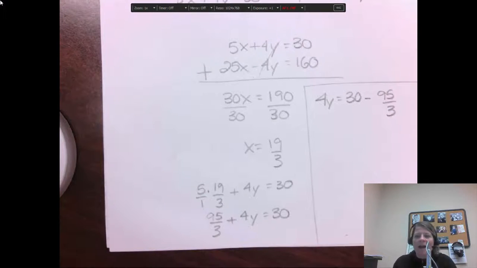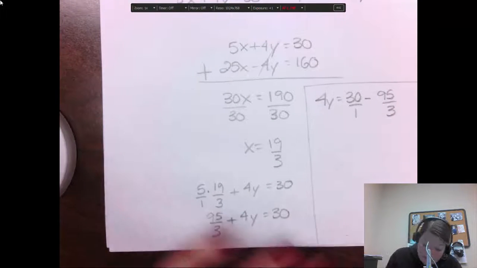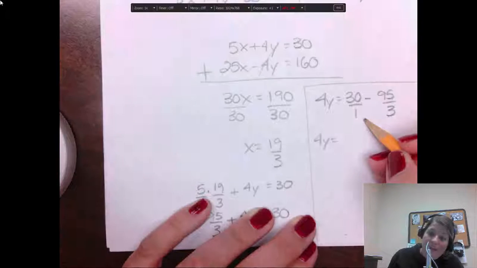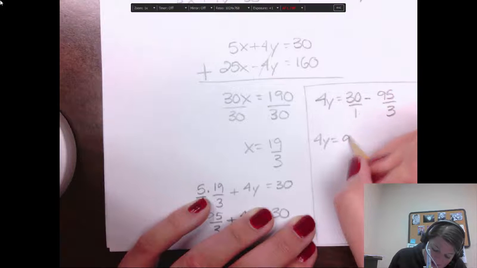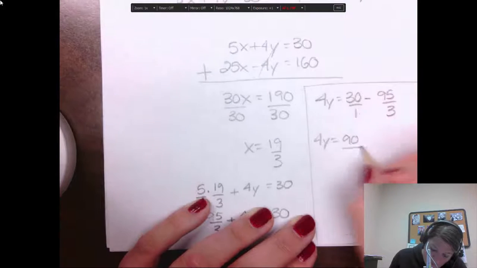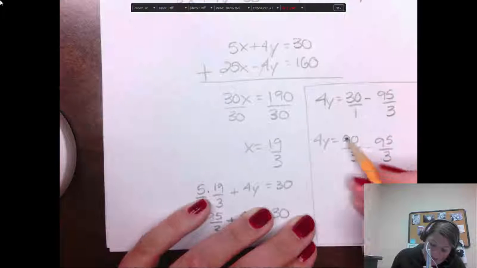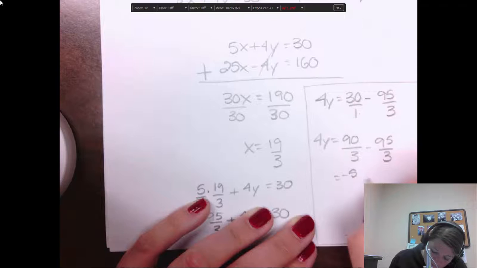From here, I have to think of this as 30 over 1. I have to get a common denominator. So I really have to multiply the top and bottom by 3 here. So 3 times 30 is 90, so 90 over 3 minus 95 over 3. 90 minus 95 is negative 5 thirds.